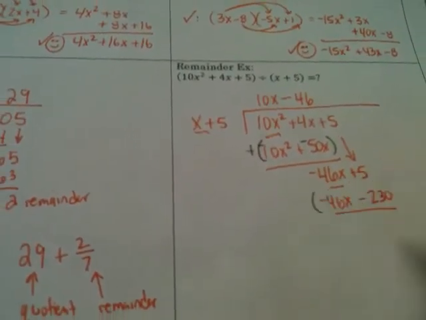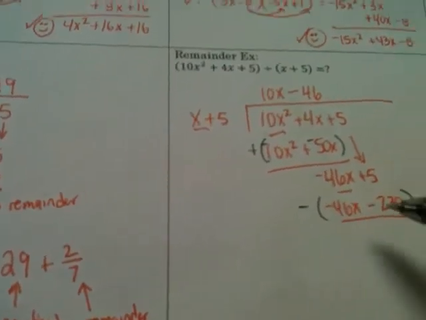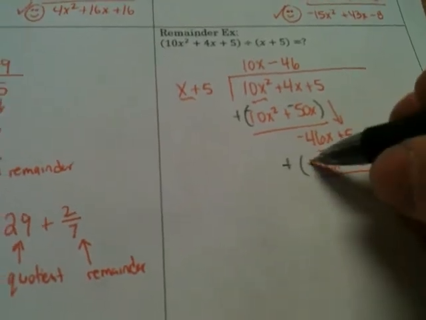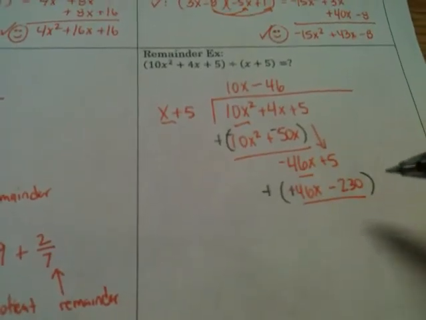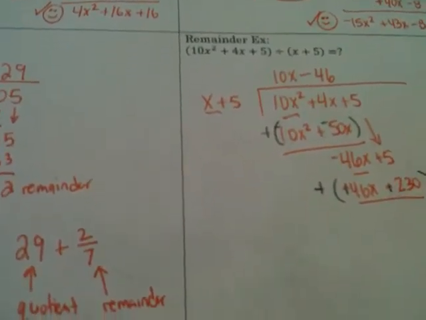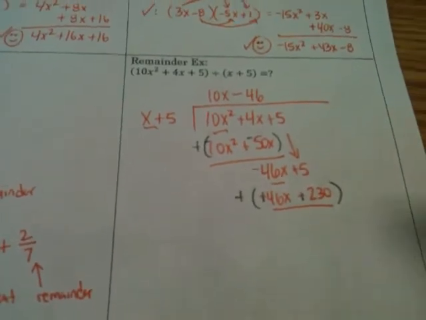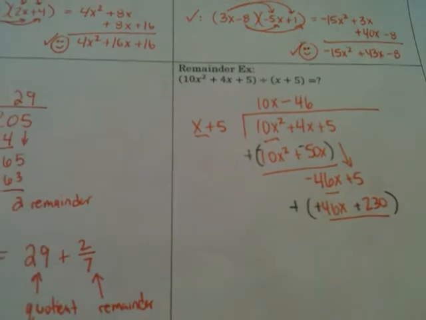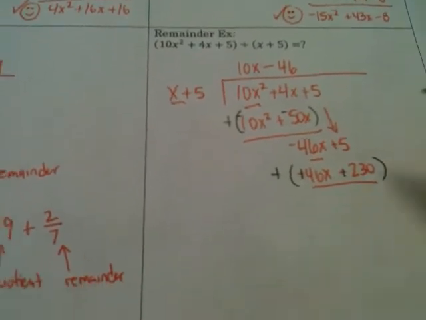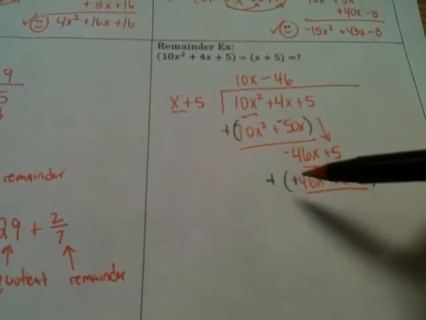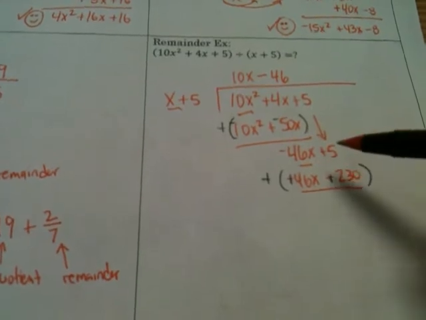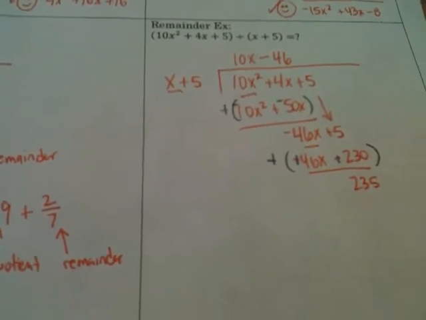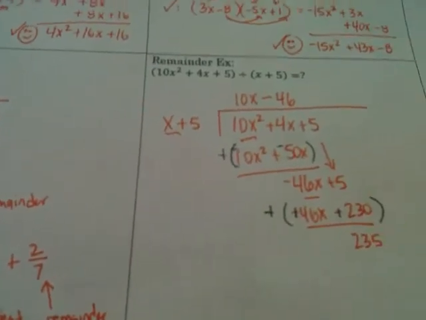Remember that we are subtracting, and when you subtract a negative, you're actually adding a positive. And subtract a negative here, you're also adding a positive there. So you're distributing the negative to both the terms there. Negative 46x plus 46x is 0. And 5 plus 230 is actually 235.